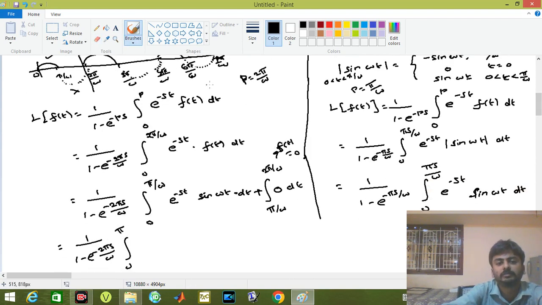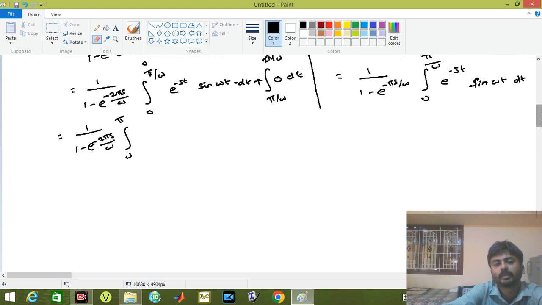This s will not come in the limit; it is only pi by omega. So we'll get e power of minus st sine omega t dt.